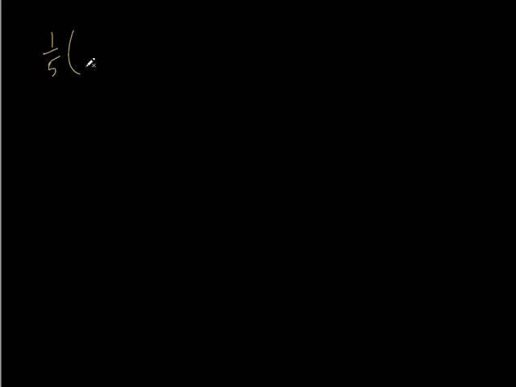So it's 1/5 times 2x plus 5 equals 1/3 p plus 2. Alright, we did one like this earlier, didn't we, with distributive property? Well, let's do the same exact thing. Let's distribute through this.